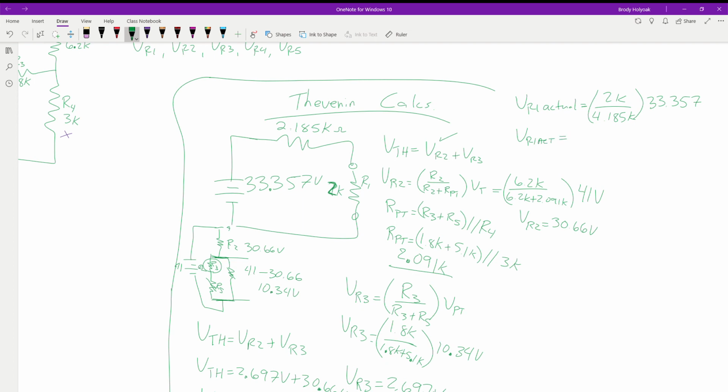So the VR1 actual, and the current of R1 is you take that voltage divided by the 2K.